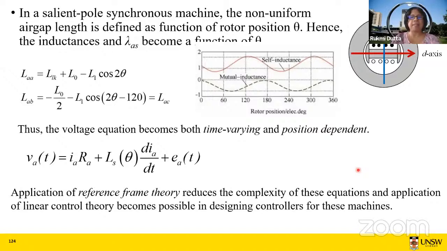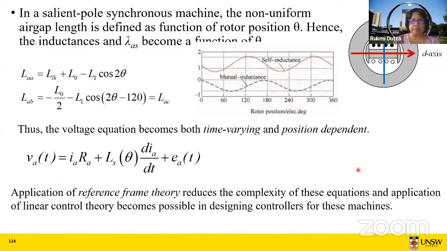This all happens only mathematically, you have to remember. In reality, nothing happens. We still have AC quantities, and our inductance is still varying with position, but mathematically we can manipulate it while designing the controller.